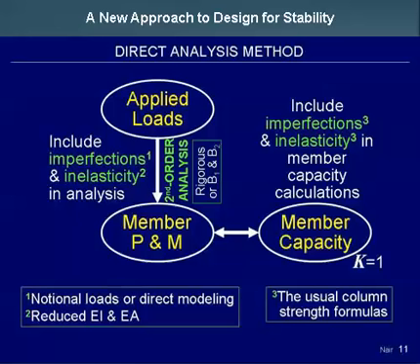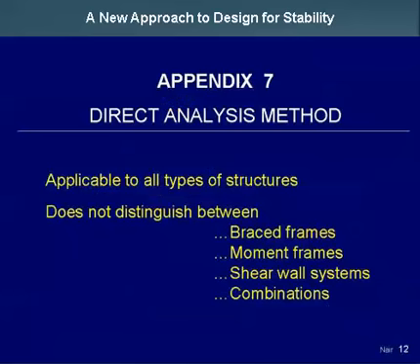And of course, imperfections and inelasticity are included automatically if you just use your usual member strength, the usual column strength formulas. So it's simple. You just do your analysis, compare it with the member capacity using your usual equations with k equals 1. And this is applicable to all structures, does not distinguish between brace frames, moment frames, whatever.